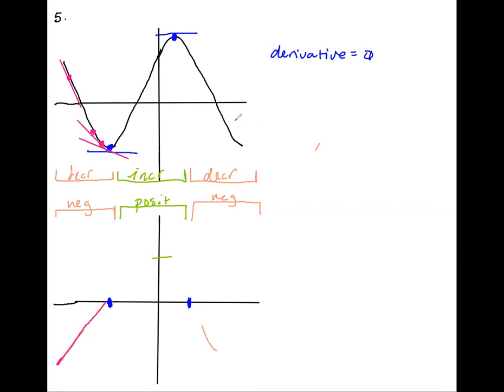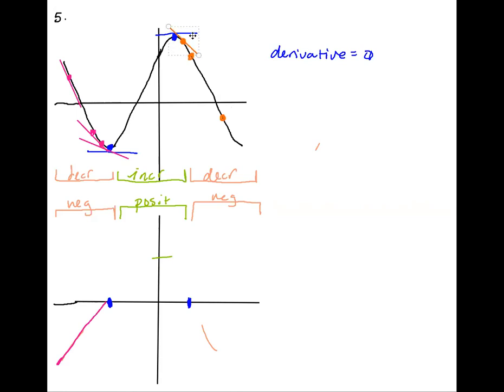And then I'm going to do something pretty similar over here. I'm going to have a point here, a point here, and then a point here. And I'm going to be able to see these same types of lines.